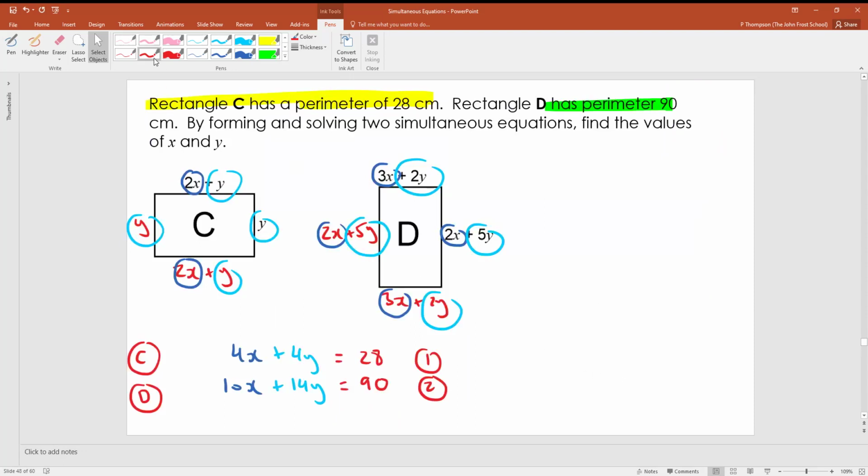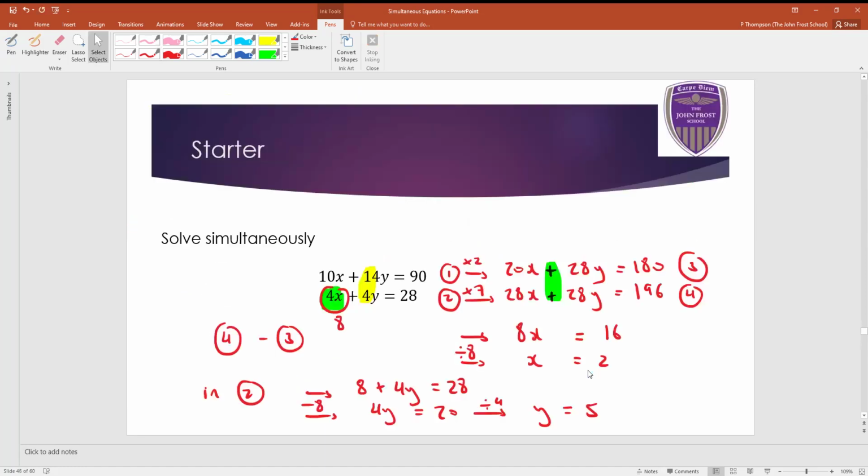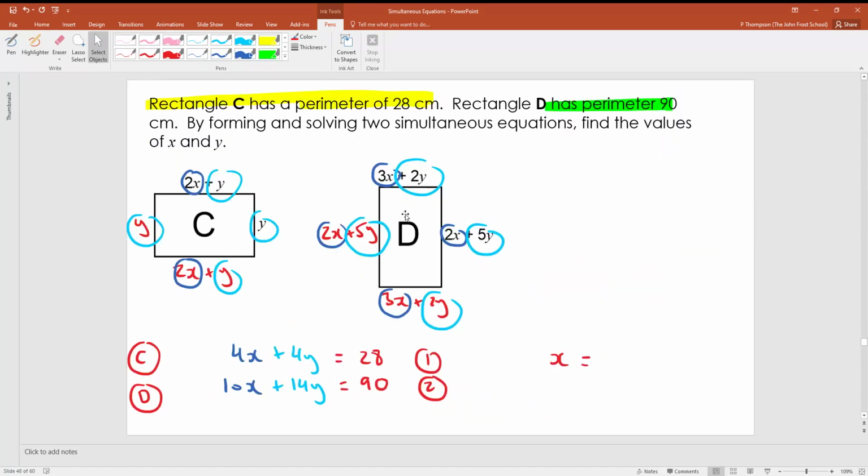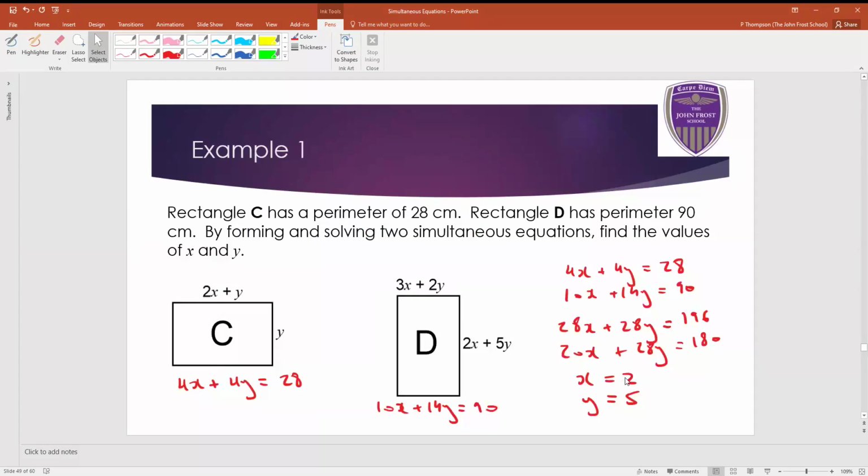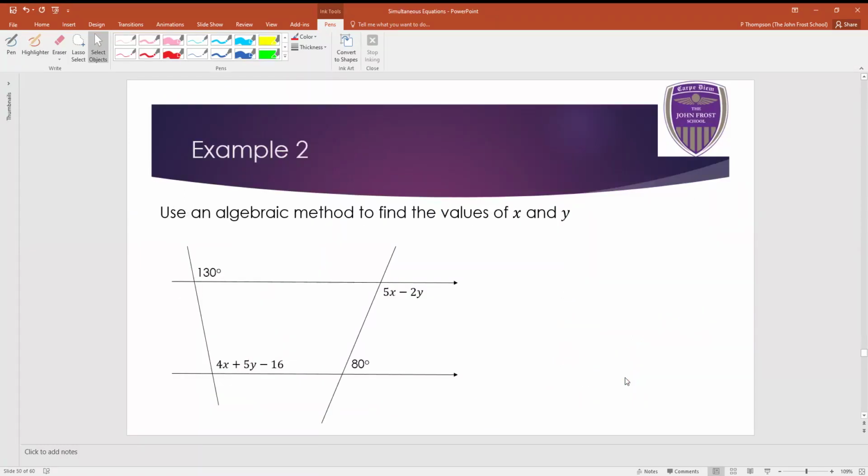So I think we said from the starter that x was equal to, I've forgotten already, sorry. x equals 2 and y equals 5. The skill in it is just to form the equations, then you can solve them as normal. Okay, one more example then. Here, I'll again pause the video, have a go, and come back when you're ready.